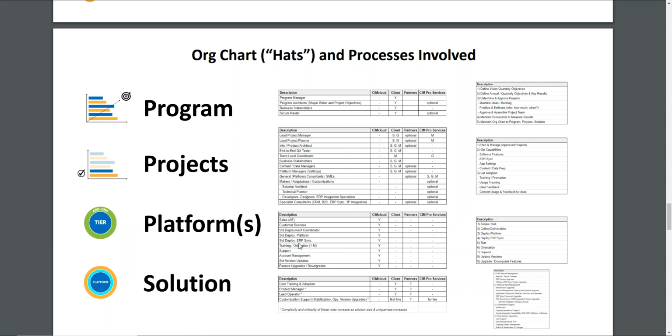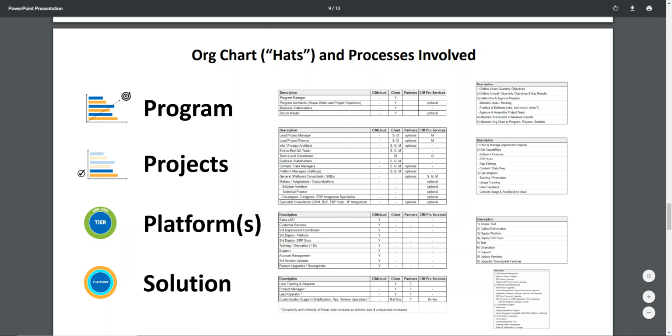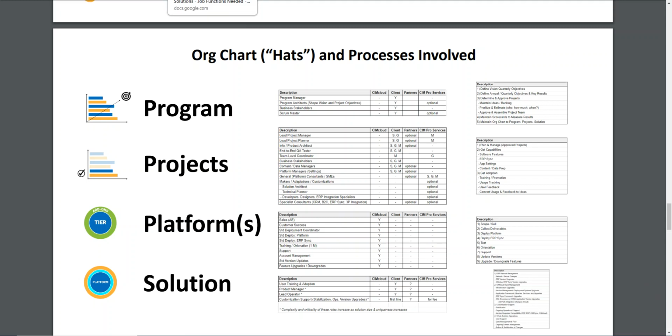So we sell our platform without a project. The fact of the matter is there is a project, it's just that the client owns the responsibility for all the hats, wearing all the hats in the project, because it is still a project. It's just they are not contracting with our pro services division to help them execute or manage or plan the project. So I'm going to go into a couple of those pieces here as we go into this.